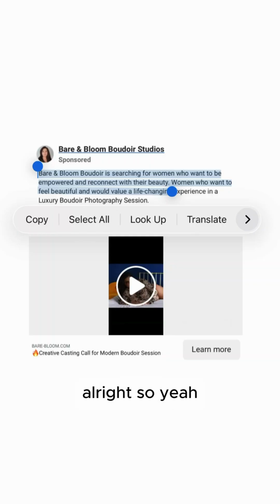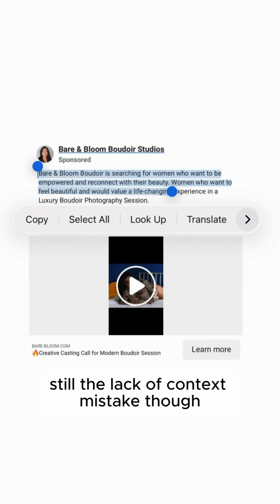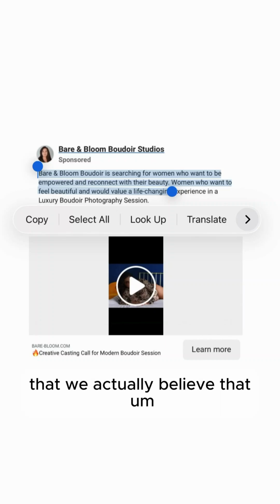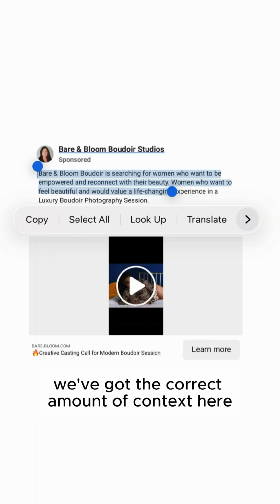All right. So yeah, we've got half the necessary context here. Still, the lack of context mistake. The false belief that caused us to make this mistake is that we actually believe we've got the correct amount of context here.